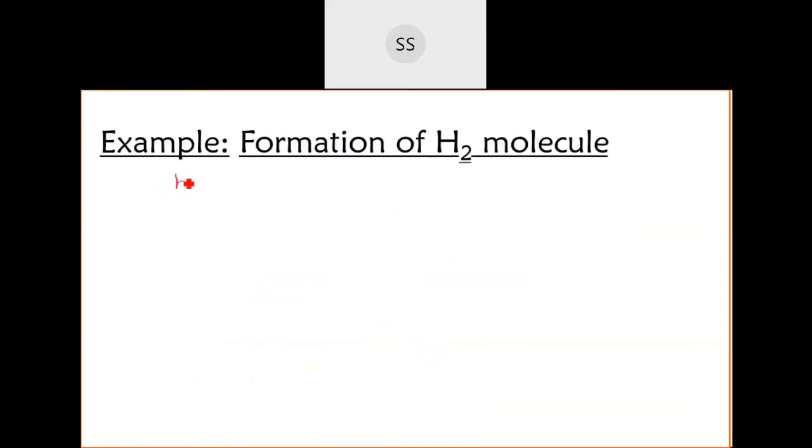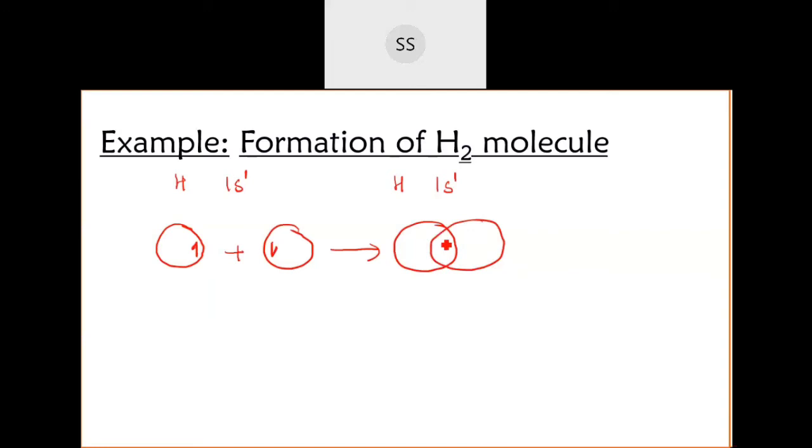H2 means one hydrogen atom has one s orbital with one electron, plus another hydrogen atom has one s orbital with one more electron. I will take opposite spin, because when they combine together, it should be of opposite spin. When they fuse together, these two electrons pair with one another and the bond is formed, because each has one unpaired electron. Then the fusion is possible, and this leads to the formation of a sigma bond.